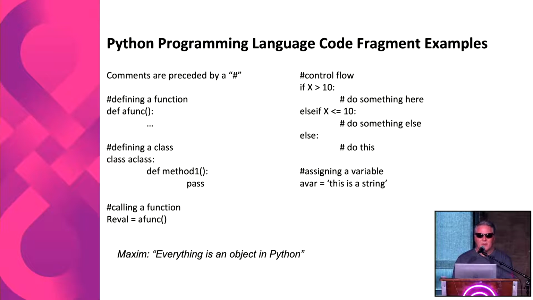All those things are standard things you'd expect out of any programming language. One of the Python specific things is that everything is an object. It's hard to get used to that, but it means that you can pretty much assign anything to anything. It's a dynamically typed, late-binding language.